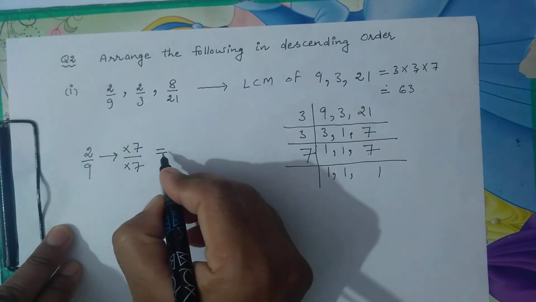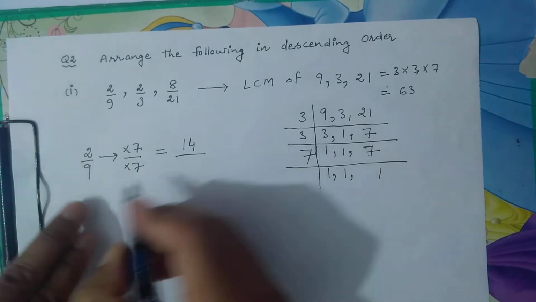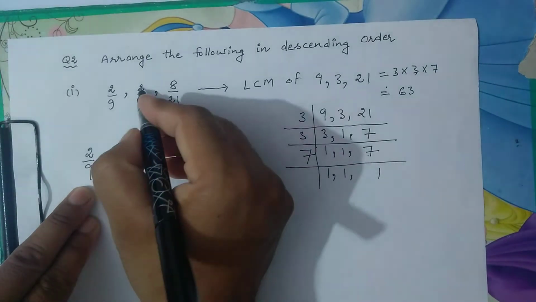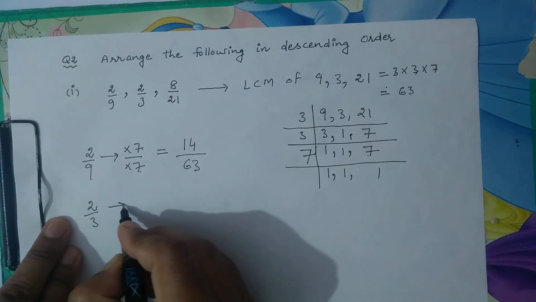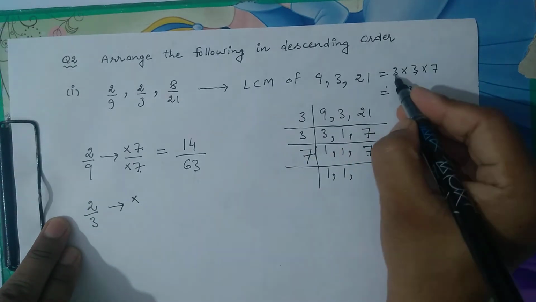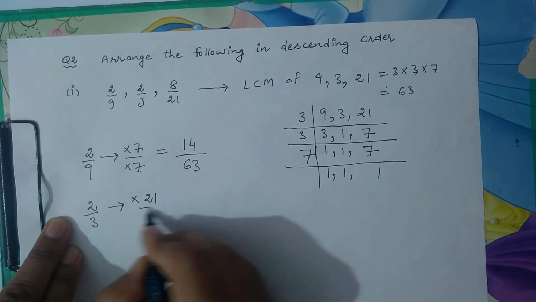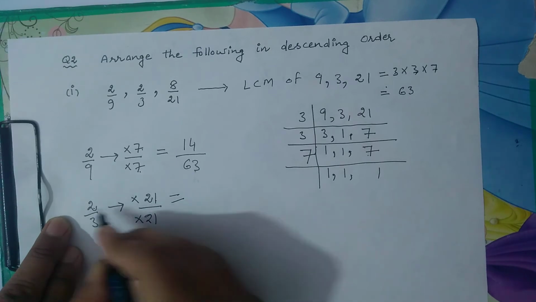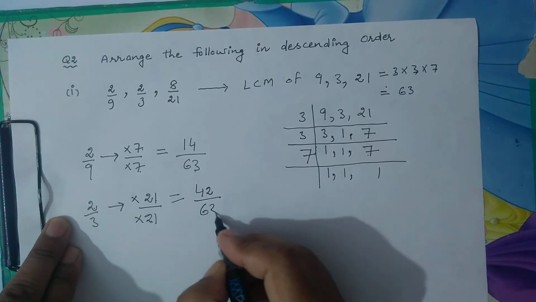So this becomes 7 into 2, 14, 9 into 7, 63. The next number is 2 upon 3. We multiply with 21 upon 21, the answer is 42 upon 63.